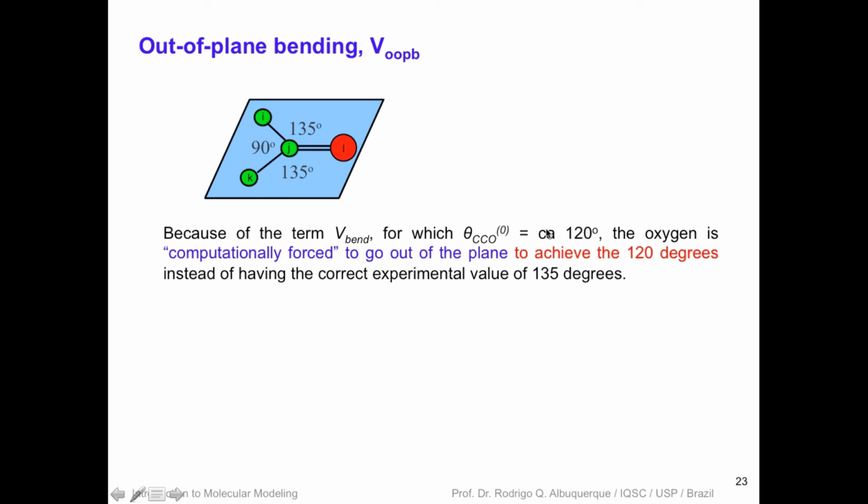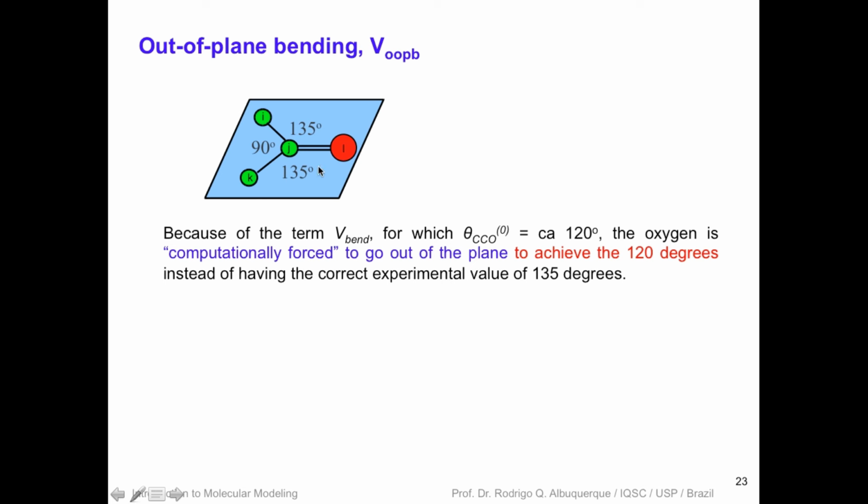The only way that this is possible is when this atom goes out of the plane. This is the only way that this angle here, which is right now 135, will decrease to 120. So this oxygen, if we assume this is an oxygen, is computationally forced to go out of the plane in order to achieve the 120 degrees, which is very close to the reference bond angle, instead of having the correct experimental value of 135 degrees.